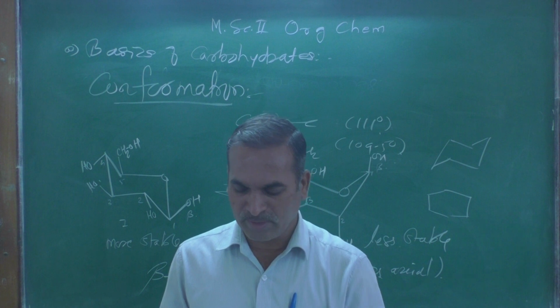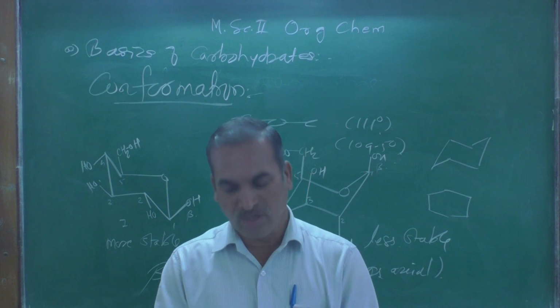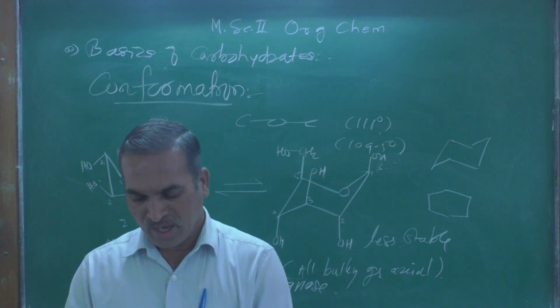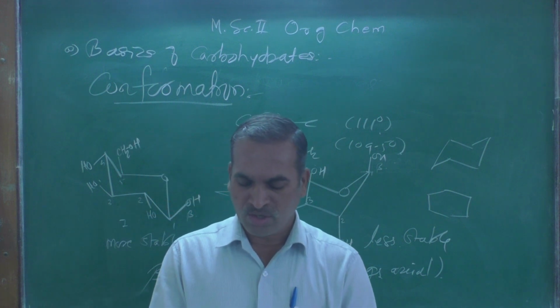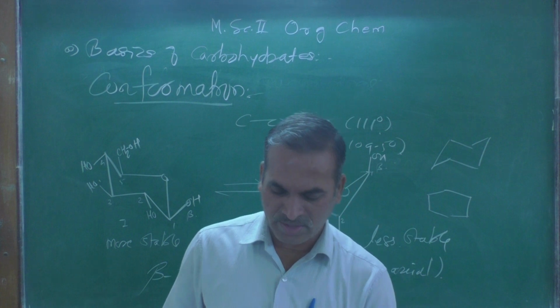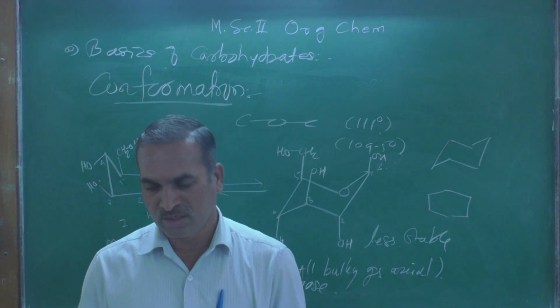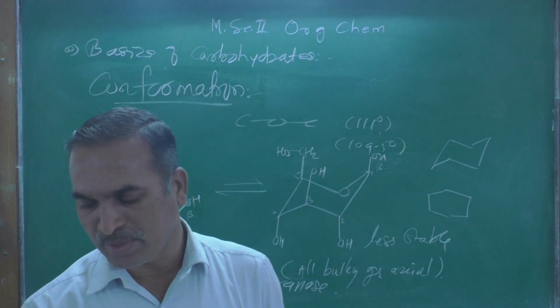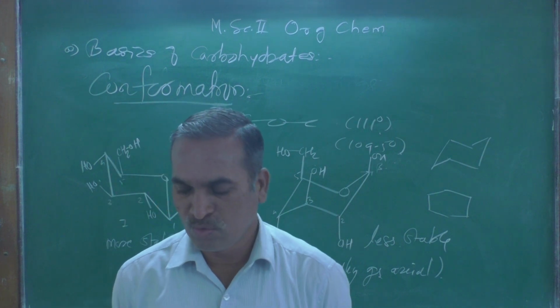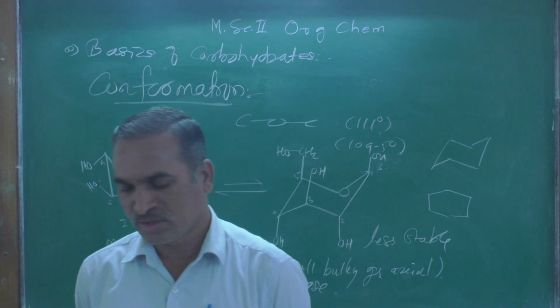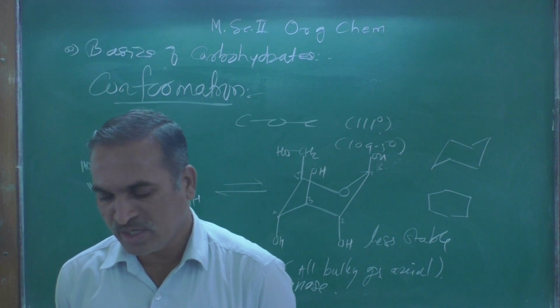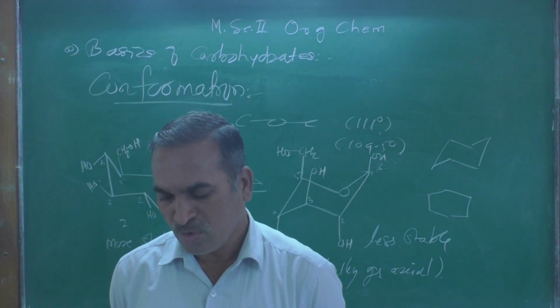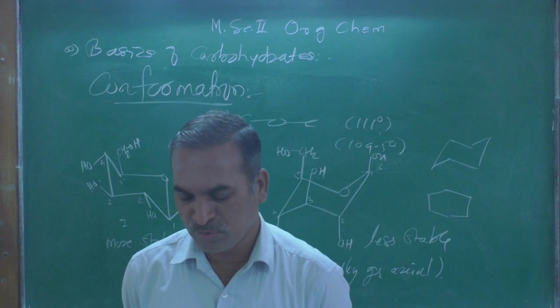This problem has been largely worked out by R.E. Reeves through the study of copper complexes, and in general the more stable conformation is the one in which the bulkiest group, CH2OH, occupies an equatorial position.